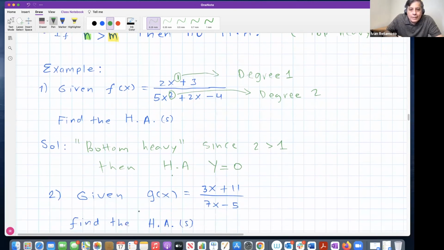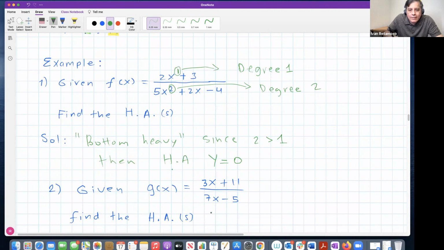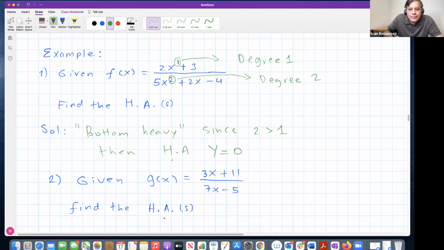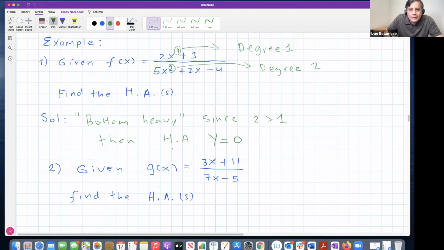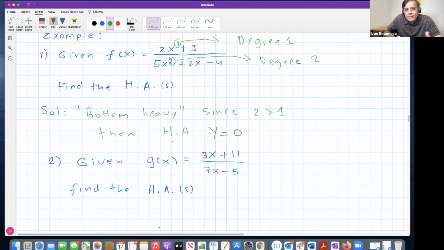Now, number 2, given this function, find the horizontal asymptote. So again, guys, question for you: is this bottom heavy, equally heavy, top heavy? What kind of rational functions are we looking at there? Very good, Jin.